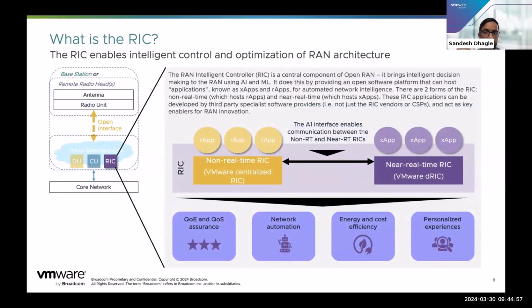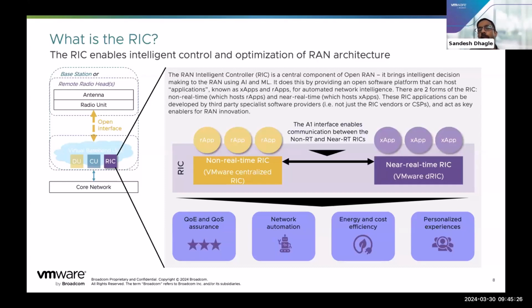So to understand, what is the RIC? The RIC is enabling intelligent control and optimization of the RAN architecture. Because until now, even though there were a lot of advancements on the RAN side, we never had intelligence coming to the RAN interface itself.